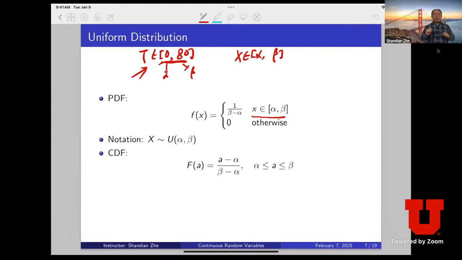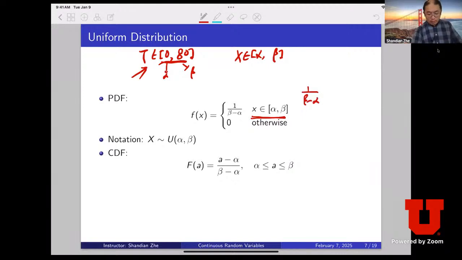The probability density function for a uniform random variable is defined as a step function, meaning that when X is in the range alpha to beta, the PDF value is just 1 over beta minus alpha.